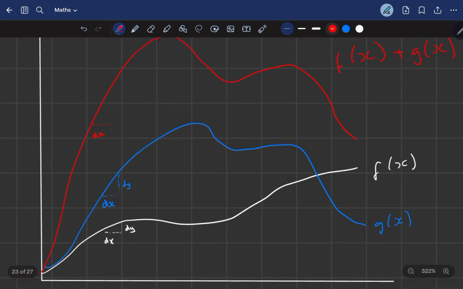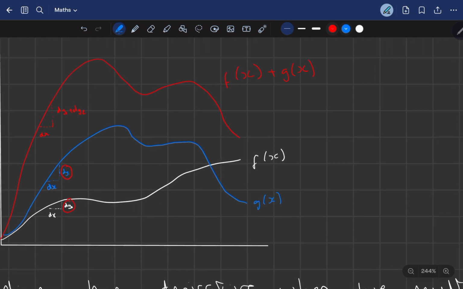And because the red function is the sum of the heights of f of x and g of x, the change in height would just be the change in height of the blue function plus the change in height of the white function. This basically means that it is the derivative of the white function plus the derivative of the blue function. If I put this as dy1 and this as dy2, this is dy1 plus dy2.